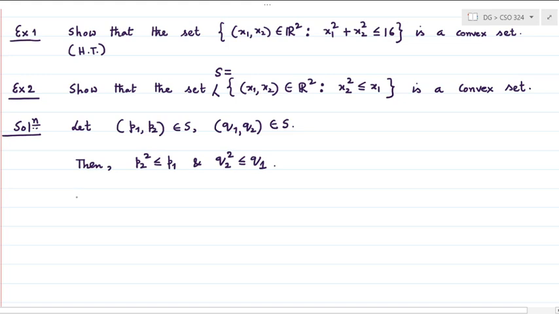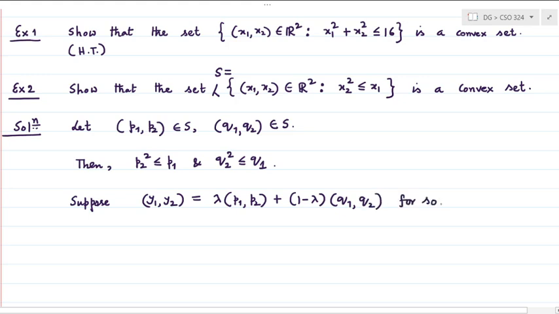So now consider, or we denote, let's suppose, by y1, y2 the convex combination lambda into p1, p2 plus 1 minus lambda into q1, q2 for some lambda in between 0 and 1.